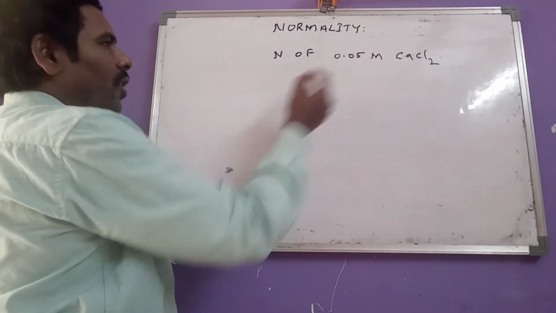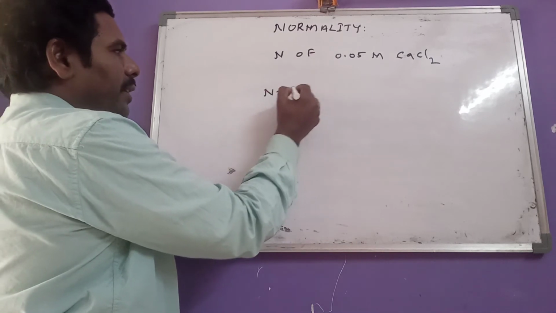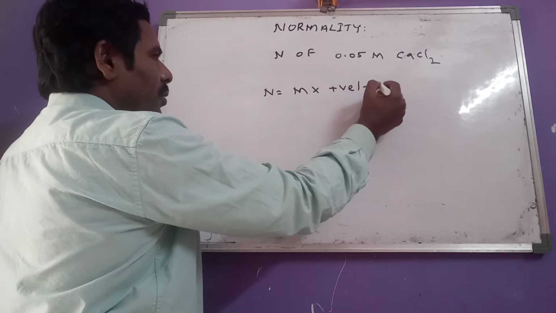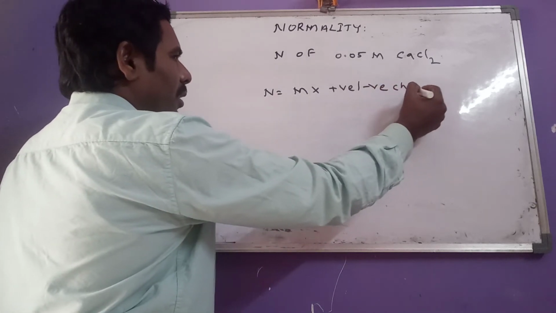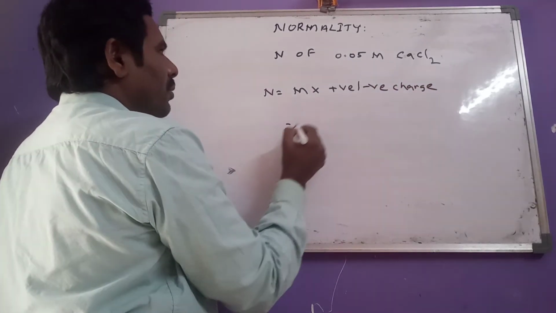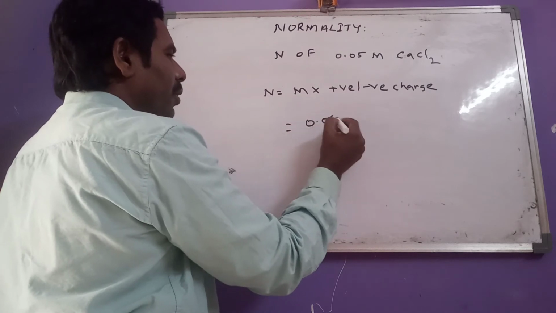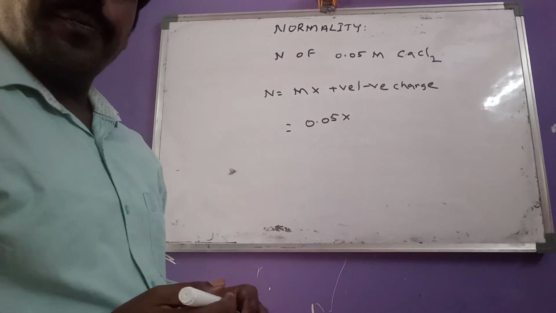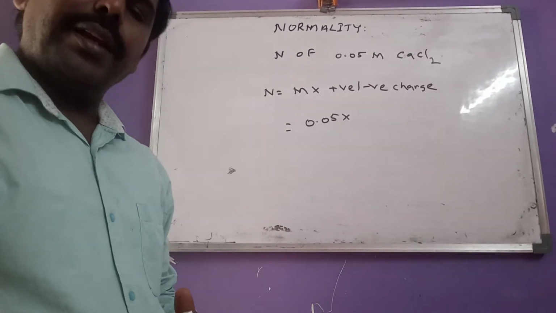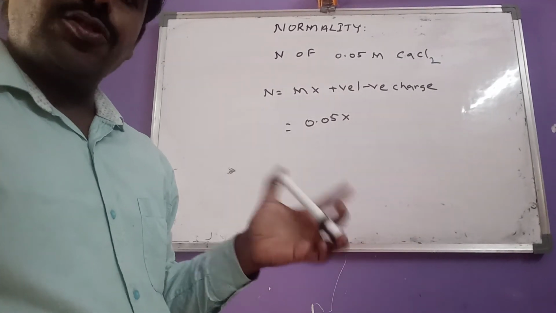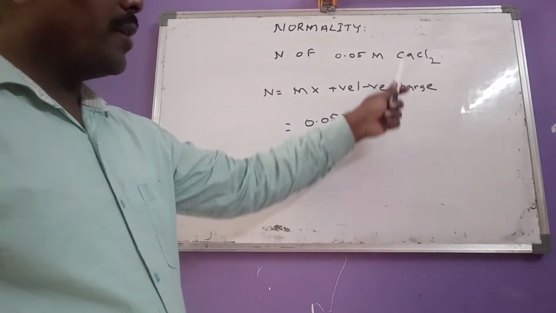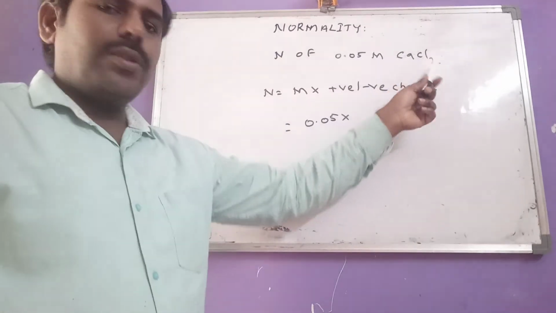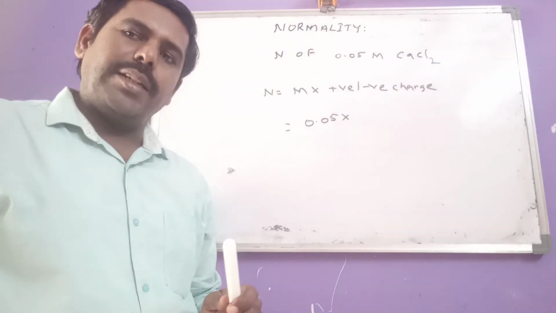As it is a salt, normality equals molarity into total positive or negative charge. So now, 0.05 into what is the charge of calcium? As it is a second group element, it has plus 2 charge. So total positive charge is plus 2, and then 2 Cl minus ions are present.